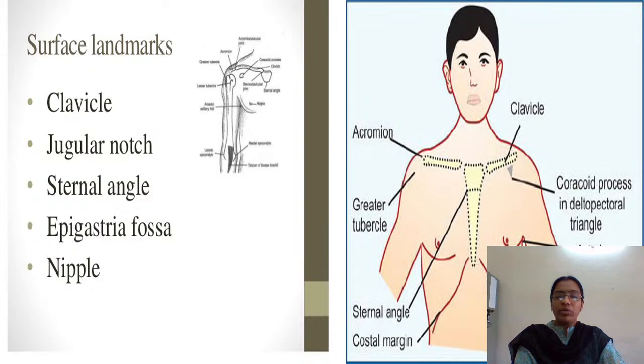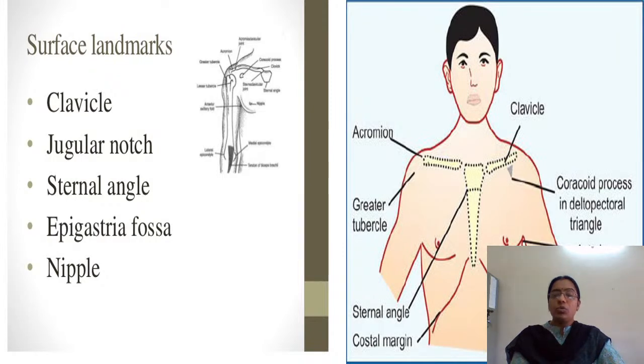If you ask why we are telling the surface landmarks in the pectoral part, the surface landmark is a necessity because if you want to identify the pectoral region, one thing we have said is that the pectoral region connects the upper limb to the anterolateral chest wall. But if somebody asks you to show the pectoral region, where will you locate it?